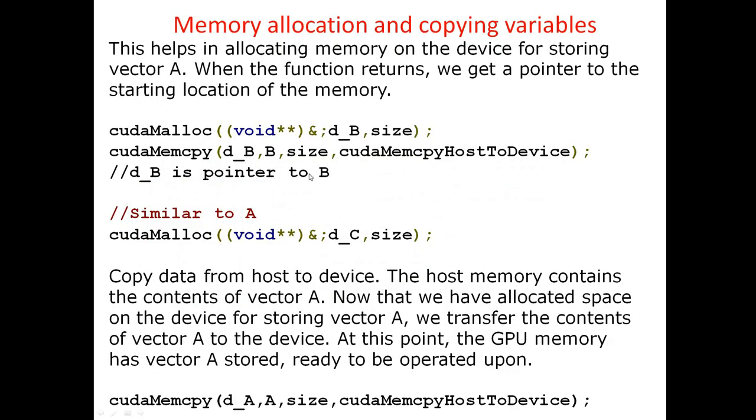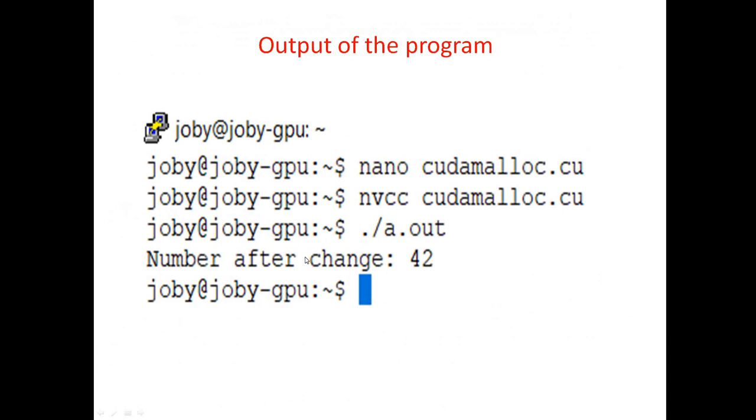You can stop the video and see this later. And now the output of the program. Let's say you have created this program under cudamalloc.cu, and you compile it with nvcc cudamalloc.cu and execute a.out. It prints out: you send the number 0, and you are getting 42 in return.